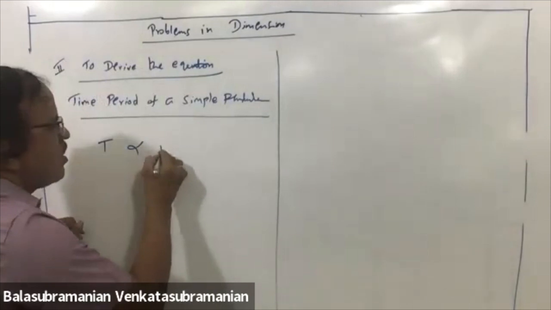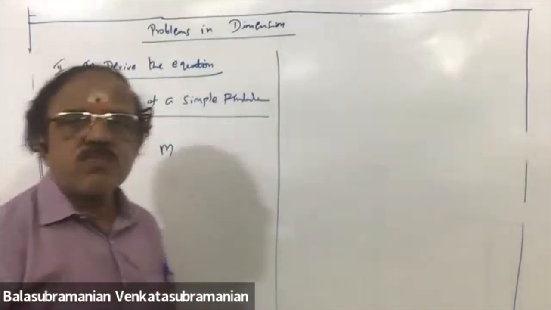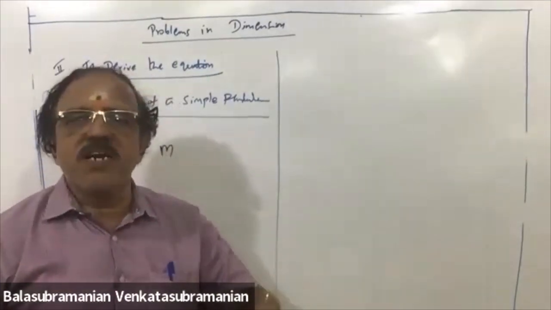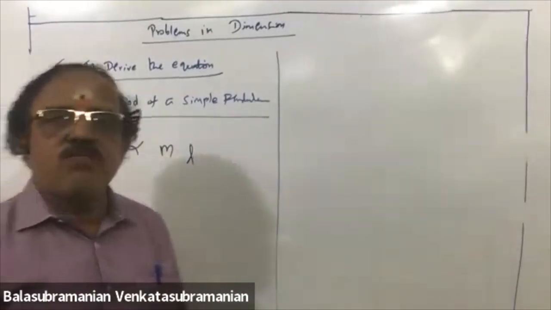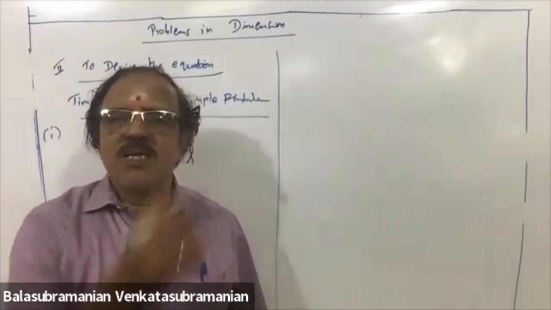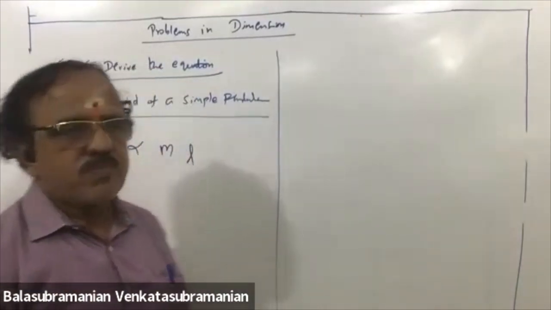Number one, mass of the bob which is suspended. And number two, the length L, length of the pendulum.